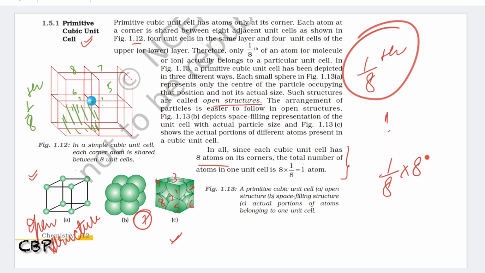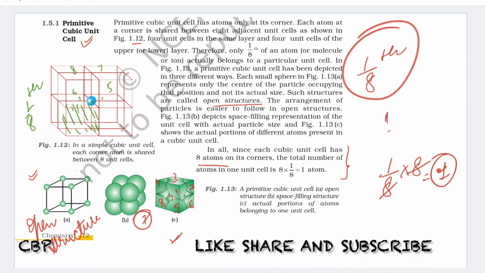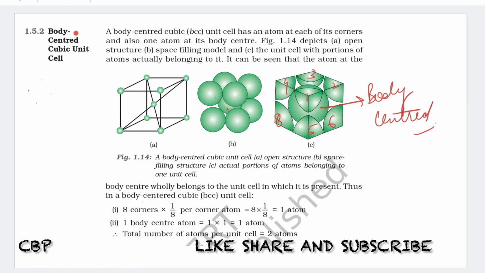Then we can calculate that the total number of atoms in one unit cell is 8 multiplied by 1/8, because each of the 8 atoms contributes only 1/8. So only one atom is present in a primitive cubic unit cell. And now we can calculate for body centered, or BCC.